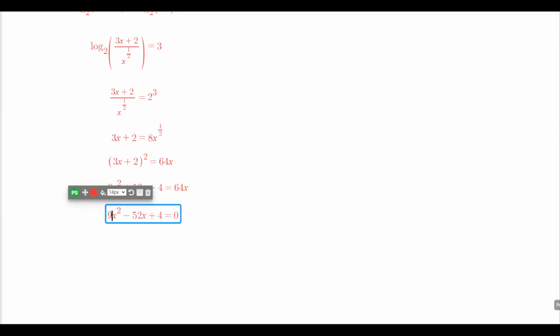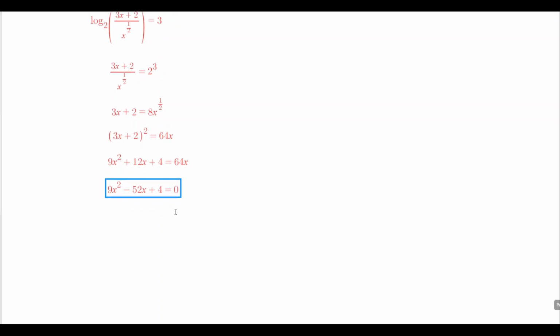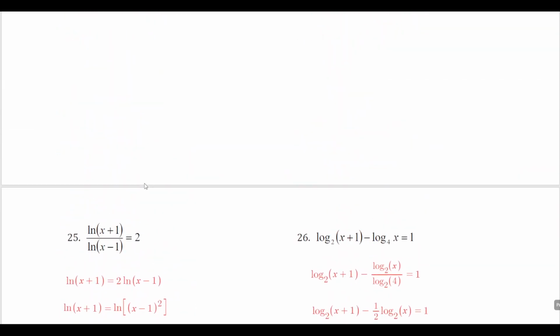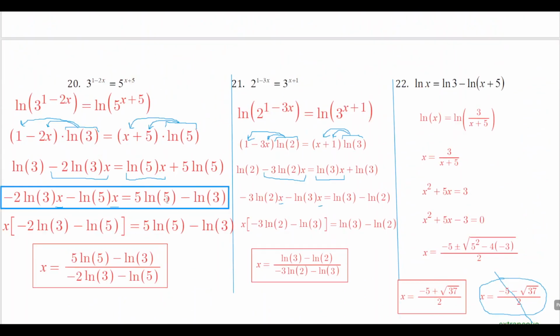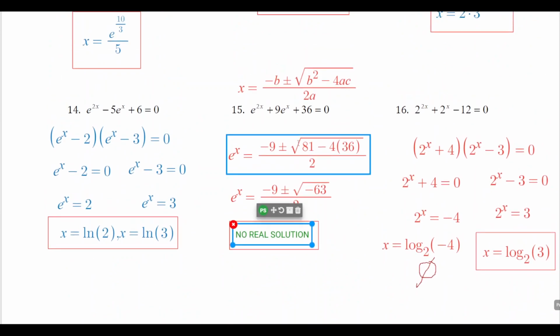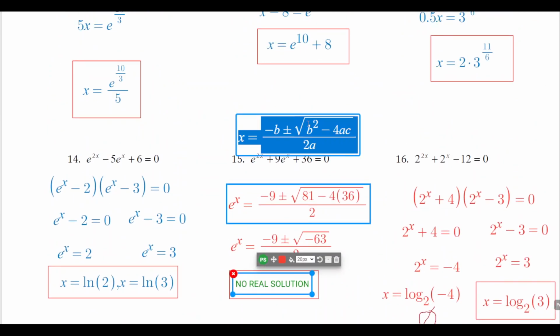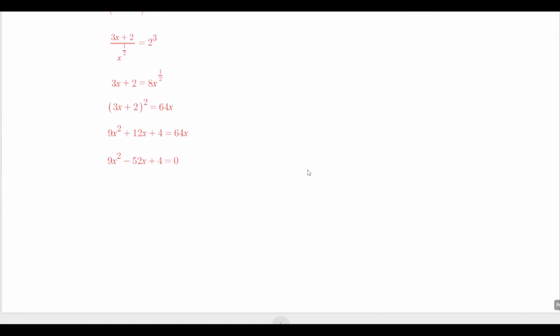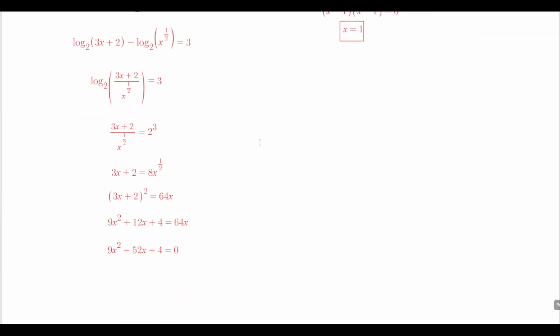I mean, coming up with factors of 36 that add up to negative 52, that's just too much. So I'm just going to bypass the factoring and go straight to the quadratic formula here. And if it turns out that they were rational values, then oh well, but I don't think it's really going to be worth it, to be quite honest. I think there's going to be too much guessing and checking here.